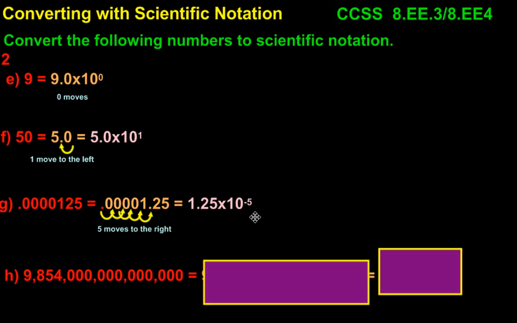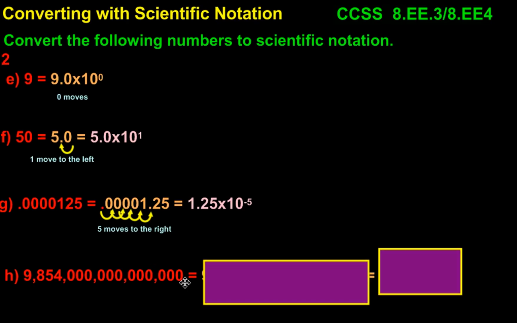And that's another important distinction between numbers that are 1 or greater or less than 1. If you have a number that's less than 1, the exponent on the 10 is going to be a negative number. If you have a number that's 1 or greater, the exponent on the 10 is going to be a positive number. So if we take a look at H, very large number, and we want to get the decimal so that it's right in between the 9 and the 8.